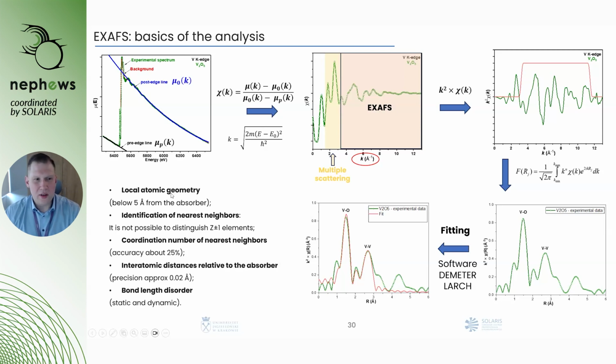We could also identify nearest neighbors, so it means what kind of atoms we have in the first coordination shell. For example, we could investigate that in the first coordination shell we have oxygen, not vanadium. We also can identify the coordination number of the nearest neighbors. We could investigate the distances between the absorber atom and atoms in the first, second and third coordination shell. And we also could investigate the bond length disorder which we have in our sample.